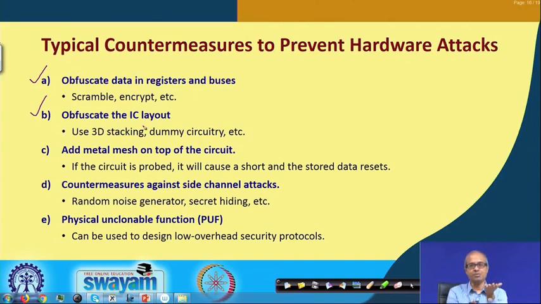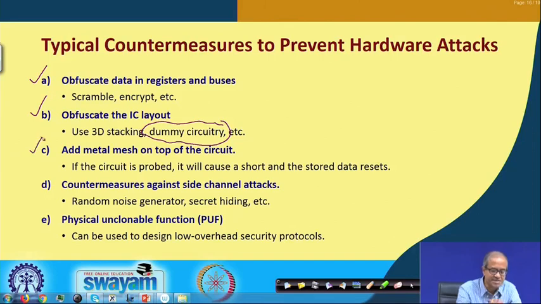There are a lot more number of layers to go through. And secondly, we can introduce some dummy circuitry which can confuse the person who is trying to reverse engineer. As a designer, I am deliberately putting some dummy circuitry and I know how to activate it, how to deactivate it, but the person who is attacking may not be knowing that. Okay? That is how I can secure the device to some extent.